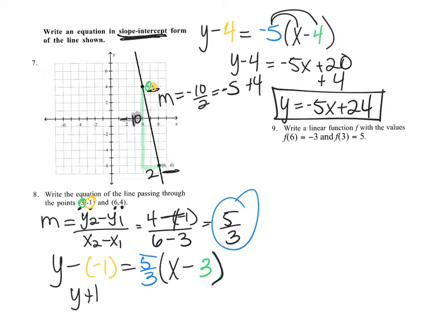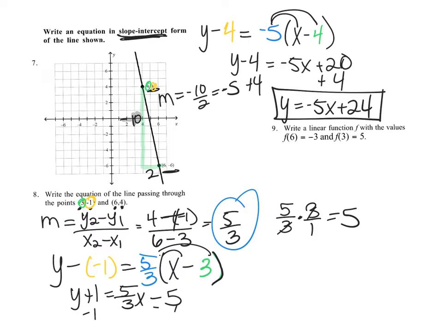So I get y plus 1 equals 5/3 x. And now we have to do 5/3 times 3. 5/3 times 3 over 1. The 3's cancel, and we get 5. Positive and a negative make negative 5. And then we're going to subtract 1. So y equals 5/3 x minus 6. And that's our final answer for that one.